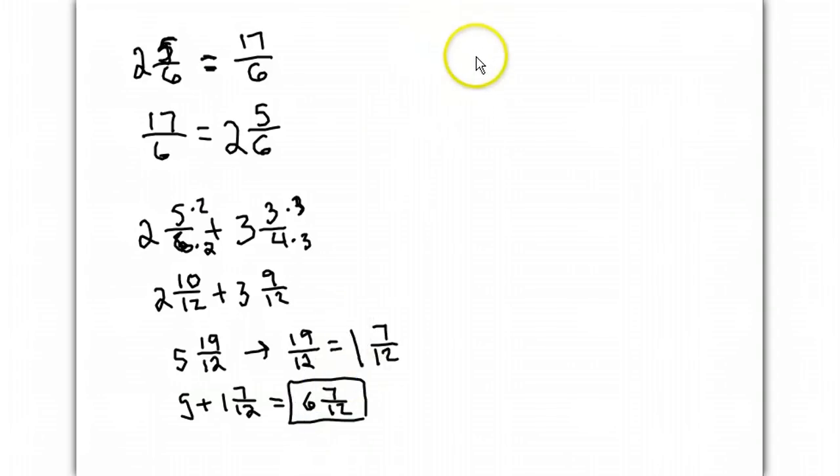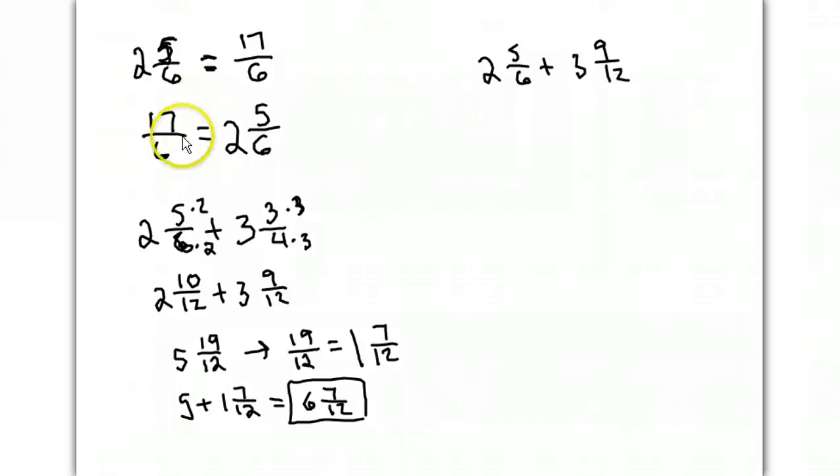Okay, let's look at it from an improper standpoint. So we have 2 and 5 over 6, and we're adding that to 3 and 9 over 12. So to convert that to an improper fraction, what you would do is multiply 6 times 2, which is 12, add it to 5, so this will give you 17 over 6. On the other side, I apologize, let me rewrite it.